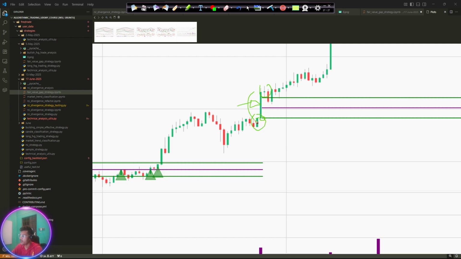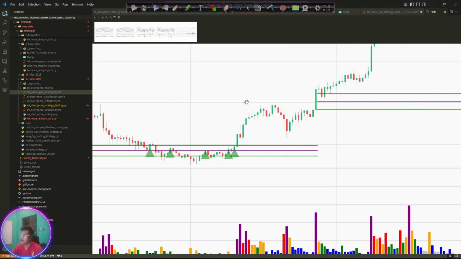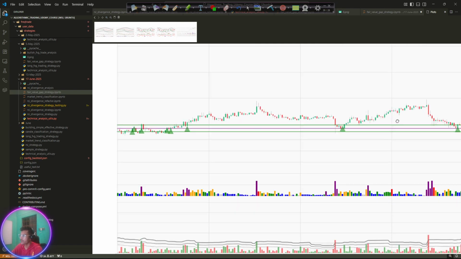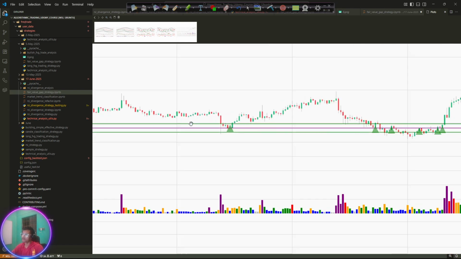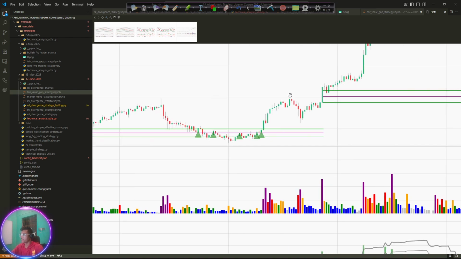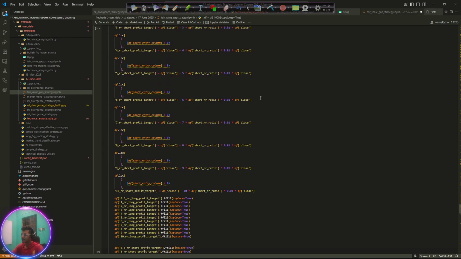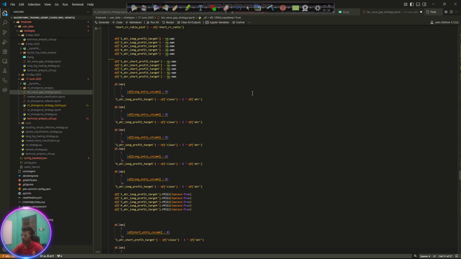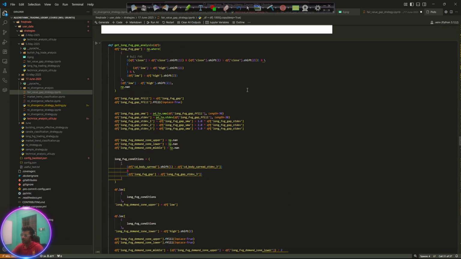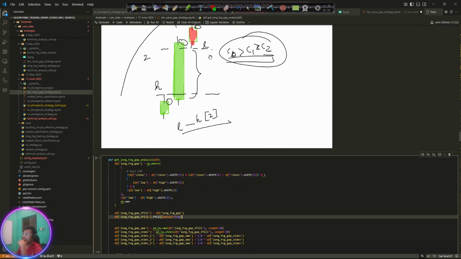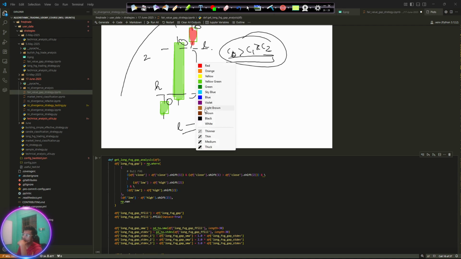In a sense, we are identifying the fair value gap really well. What it says is that this over here is our main candle.